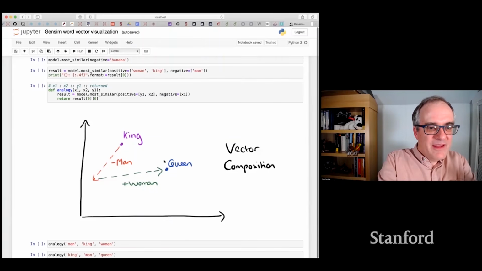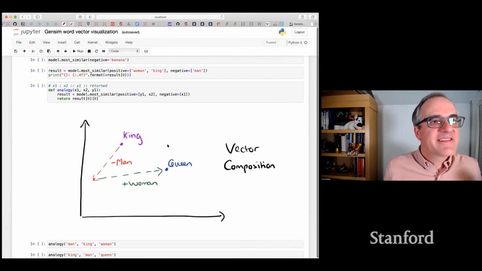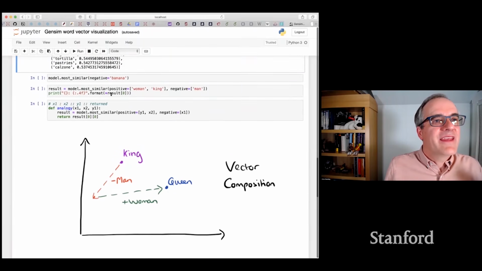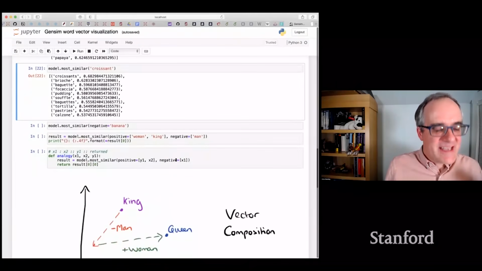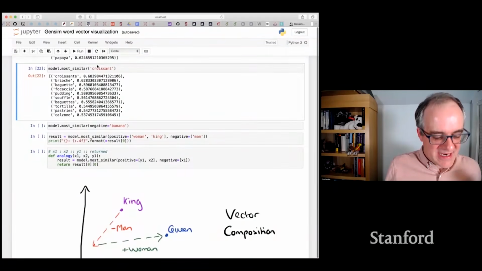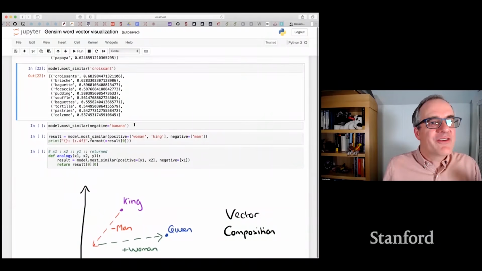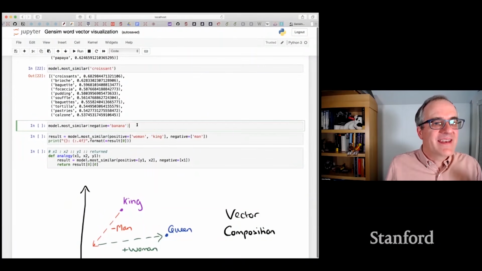We're going to do that with the same most similar function. As well as positive words, you can ask for most similar negative words, and you might wonder what's most negatively similar to a banana.